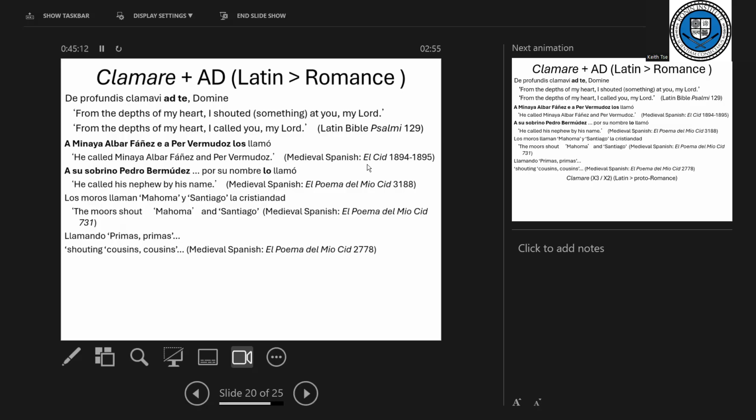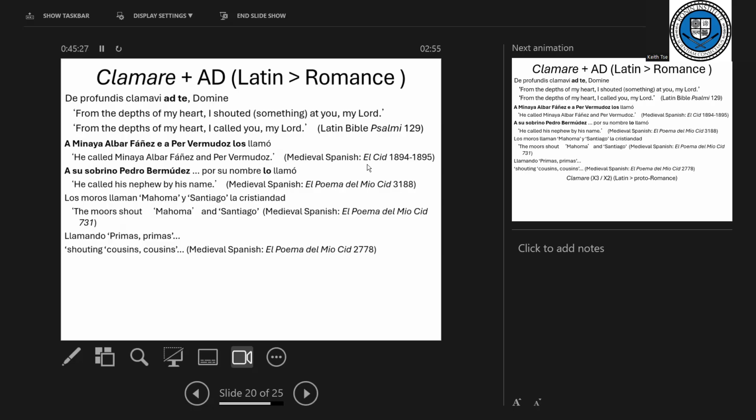At the same time, in El Cid, there are some examples where llamar seems to denote shouting rather than calling. So, for example, I think "los moros llaman Mahoma y Santiago".